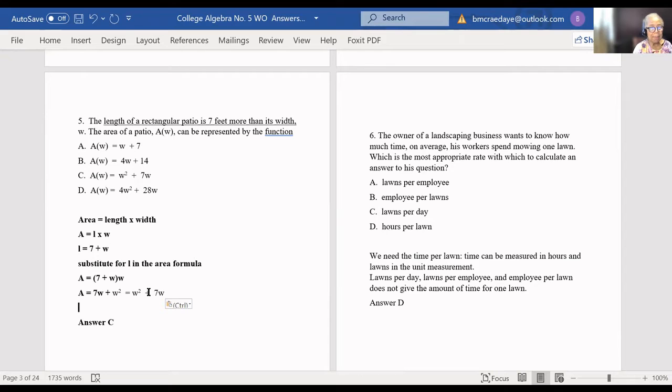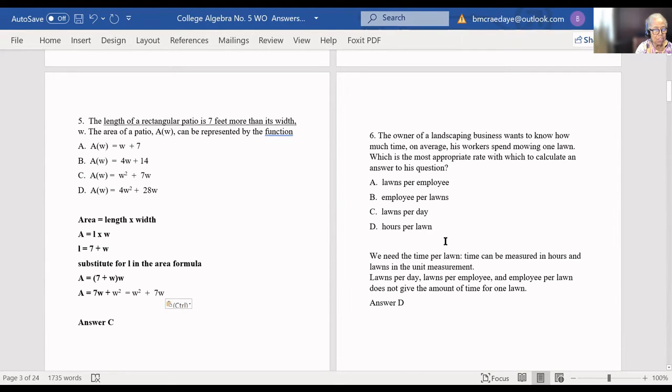Okay, number 6. We're looking at the owner of a landscaping business, and he would like to know on the average how much time his workers are spending mowing one lawn. Which of these is the appropriate rate?